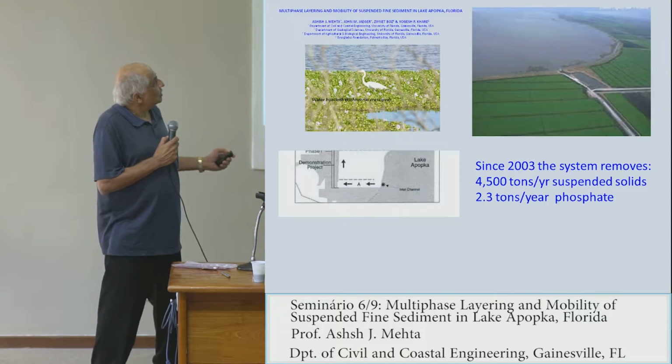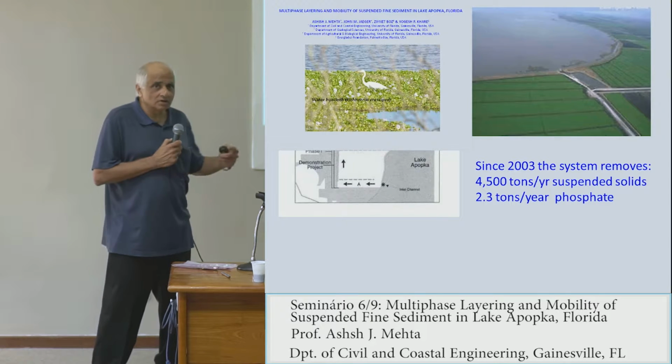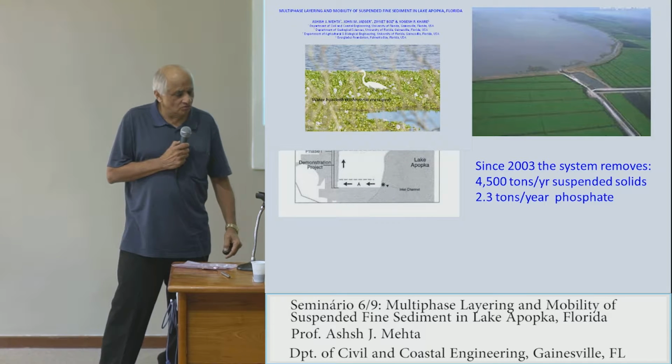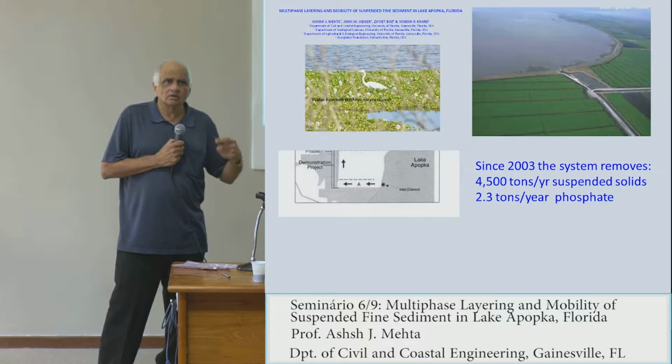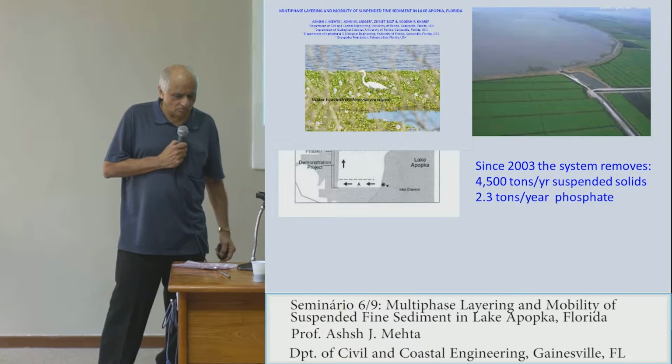Then you have to stop the flow, because of the phosphate and all that stuff that deposits here, and recharge the whole system. So that's how lakes in Florida are controlled in terms of their water quality.